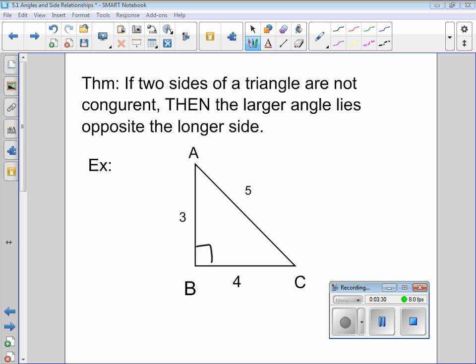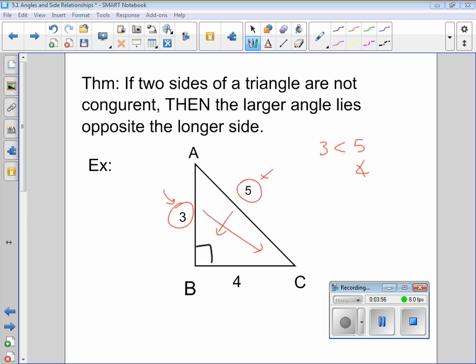All right, so basically what this says is if I have two sides that are not equal, and I'll just look at this 5 and this 3, then the angles across them obviously are not equal, but one's bigger than the other. Right? And so it says if 5 is larger than 3, which it is, then the angle across from it is larger.